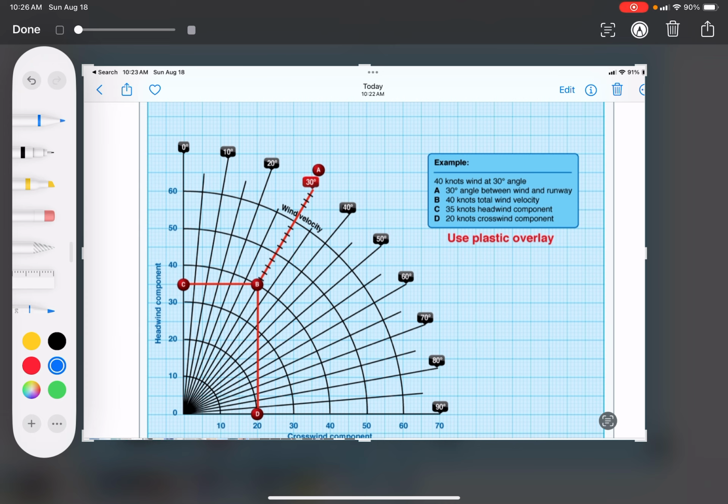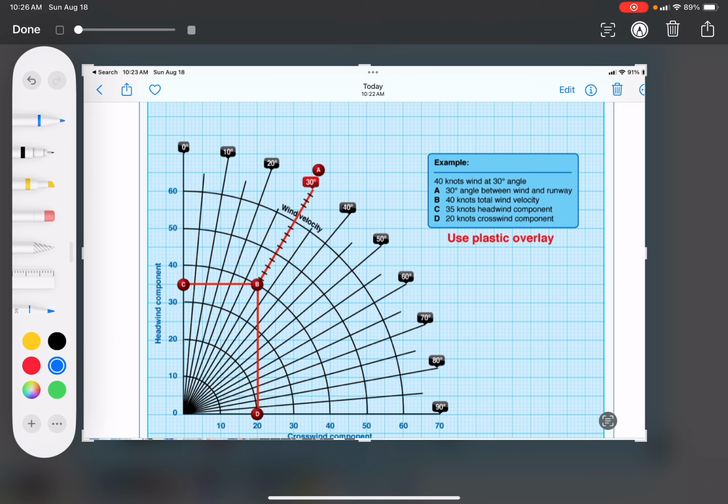So winds are out of the south, 20 knots. Which is the most favorable runway? Is it runway 10, runway 14, or runway 24? So right off the bat, what I do with this question is I just write out 100, 140, and 240.